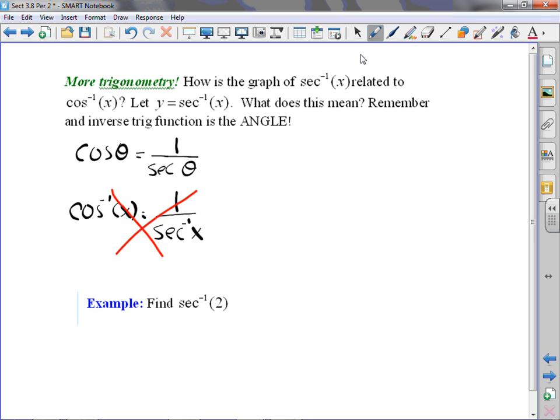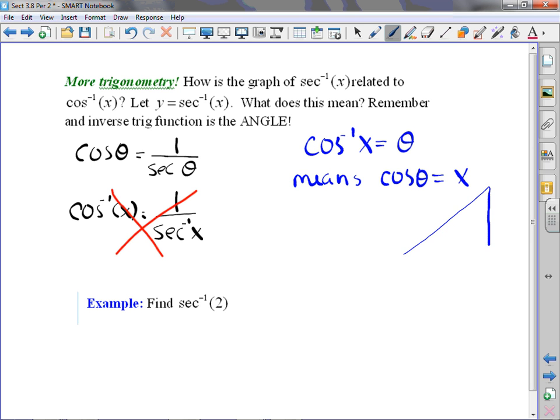So, I'm going to start off with my inverse cosine. Inverse cosine of x, well, that's just an angle, right? Theta. Which means that the cosine of theta is equal to x. Let me take my triangle and draw that, because I would like to find the secant of my angle. So here's theta.